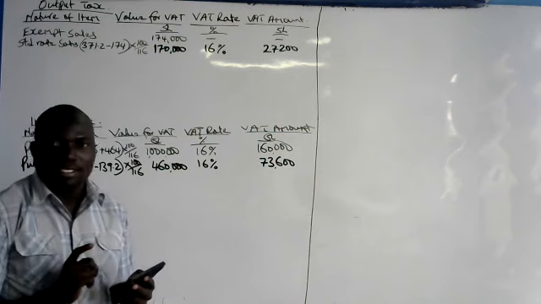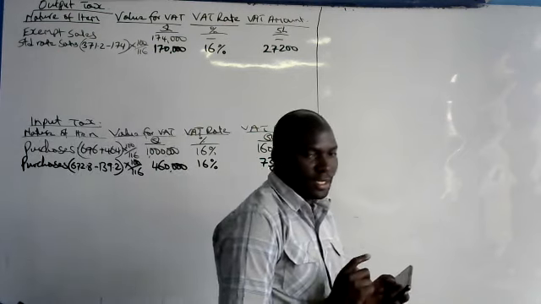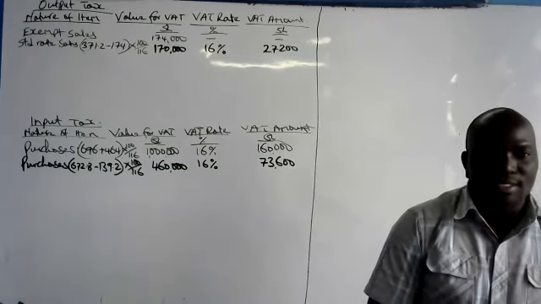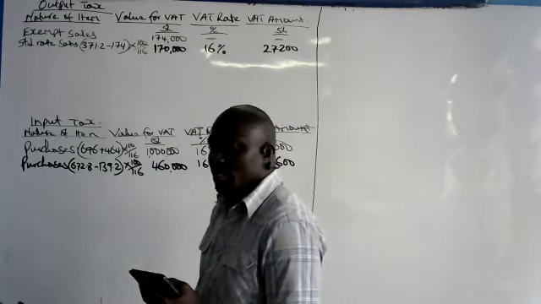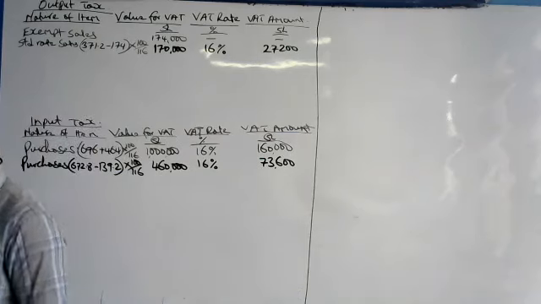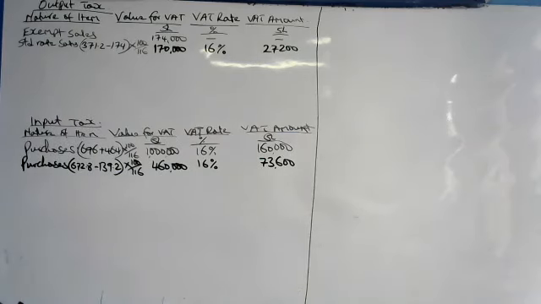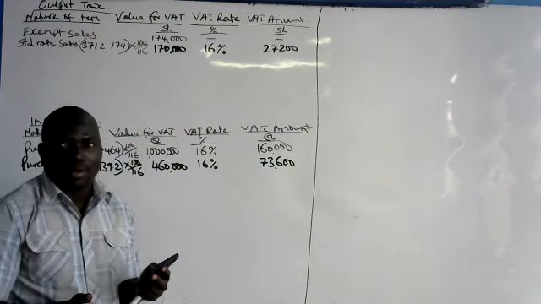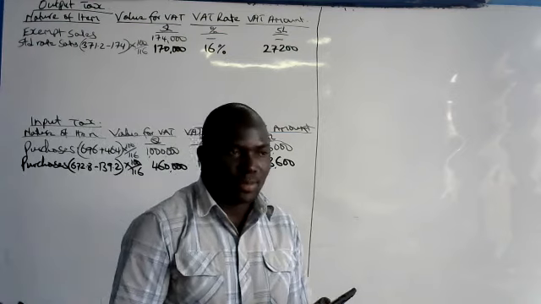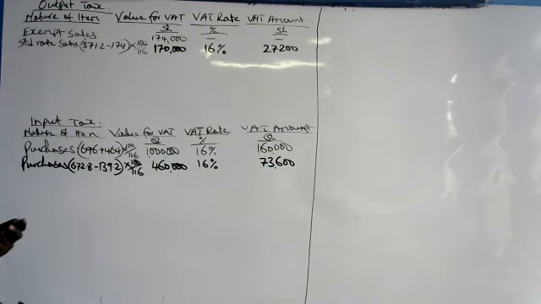Debit notes correct an undercharge, so they're supposed to increase. So when we are receiving a debit note, then our suppliers are telling us that instead of paying us 600, we paid us 500. So kindly top up. So therefore, we received an input. So debit notes received.